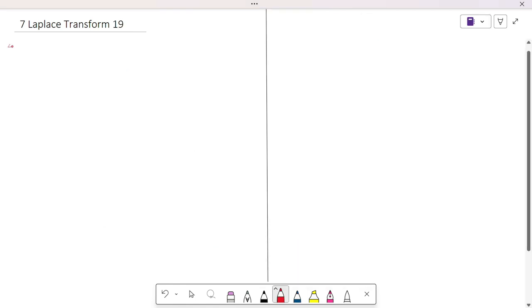Next property, time scaling. It is also very, very important. x of t has Laplace transform x of s.